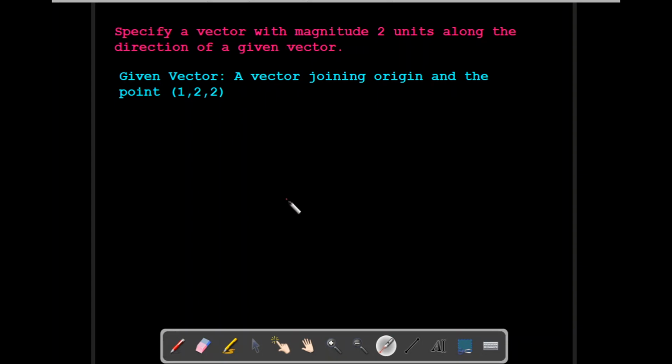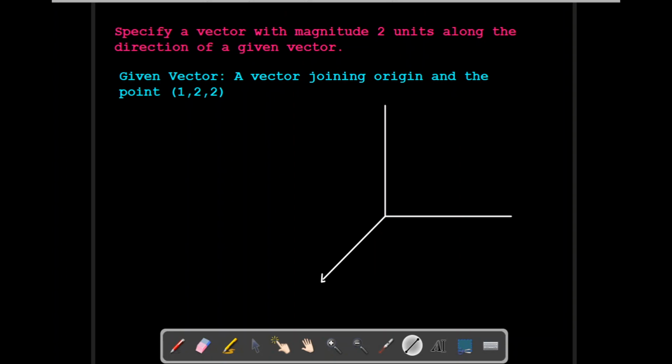So to understand this, let us consider the XYZ coordinate system. Let this be the Z axis, this will be the Y axis, and this the X axis, considering a right-handed coordinate system.